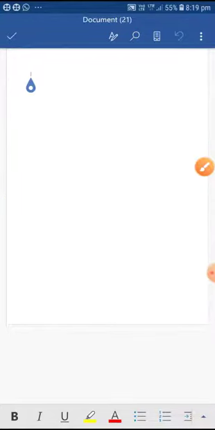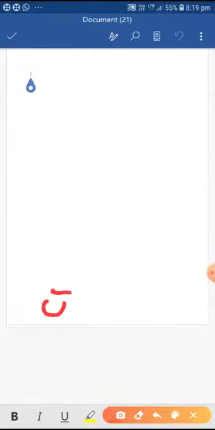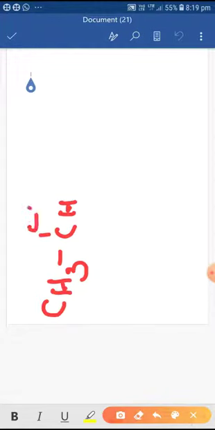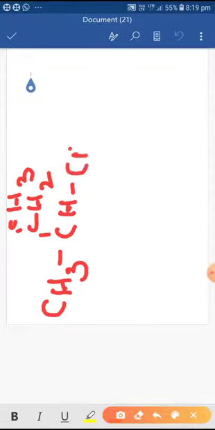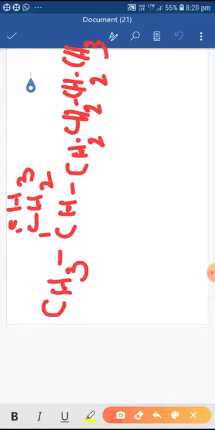Now the third example: CH3, CH, CH2, CH3, CH2, CH2, CH2, CH3, with single bonds between them.